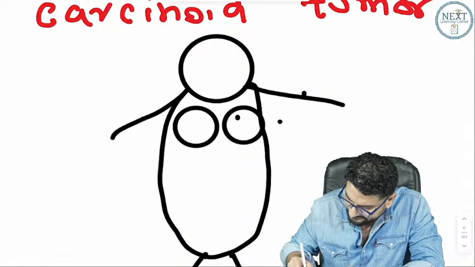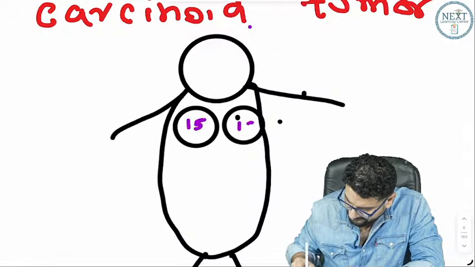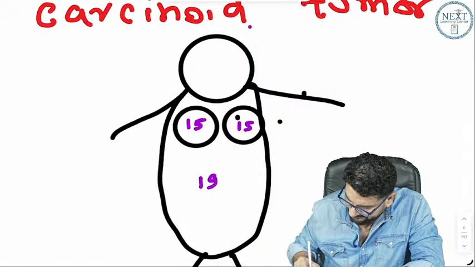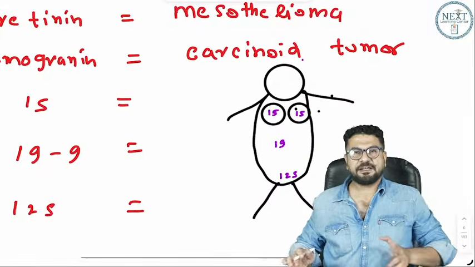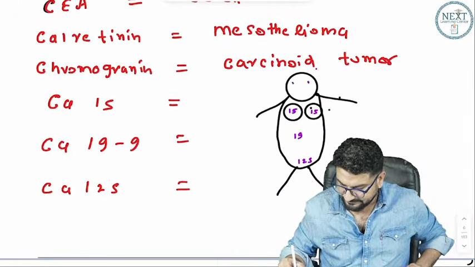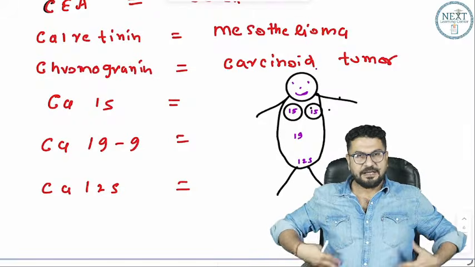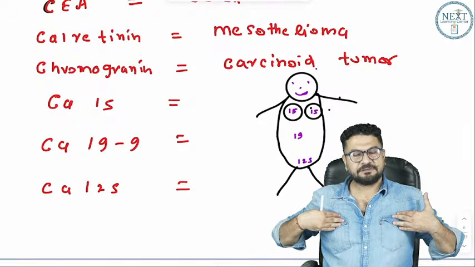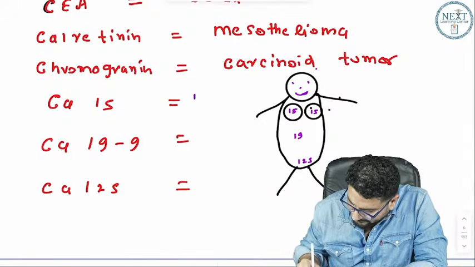Look at the screen. When you see a female body, first will come breast, then colon, pancreas, then ovary. Similarly, numbering-wise, 15, 19.9, 125. 15 for breast cancer, 19 colon, 125 ovary. Simple. So CA 15 is for breast cancer.